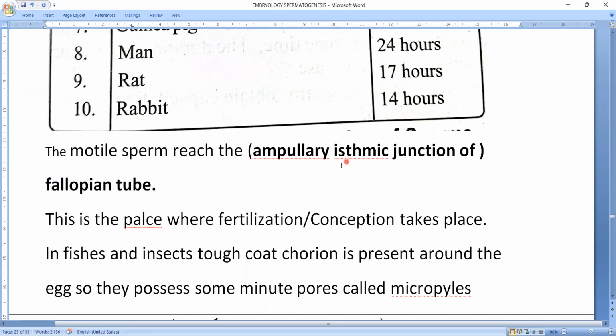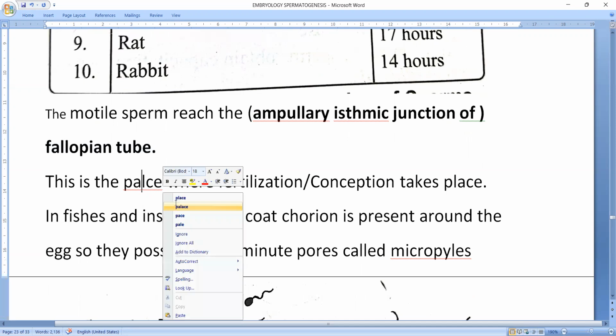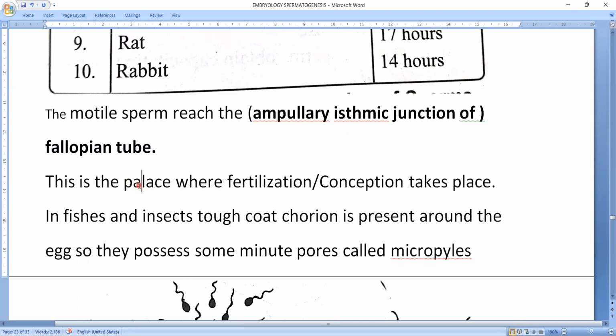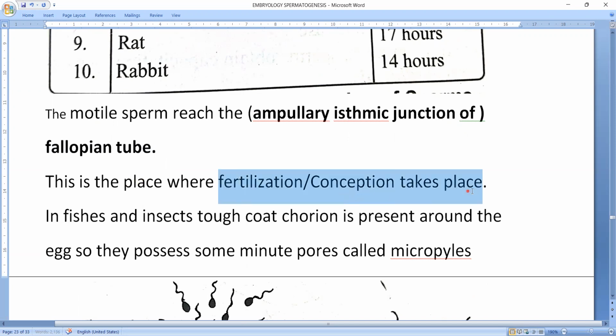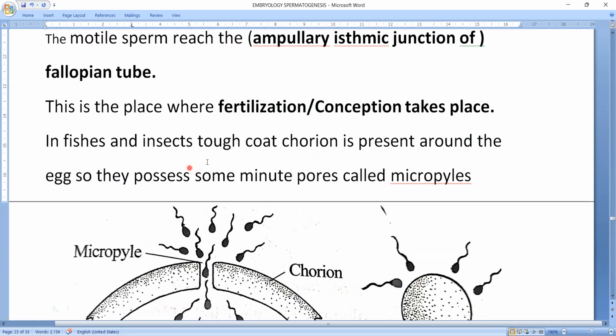So where it is present, that location is fallopian tube. Okay, so this is the place where fertilization or conception takes place. So what is that? Fallopian tube.